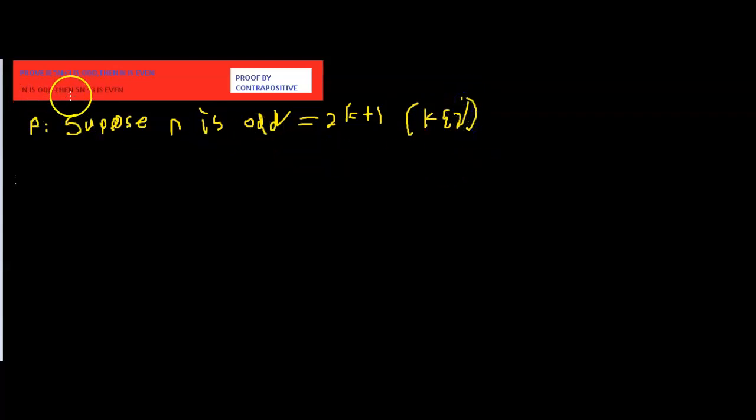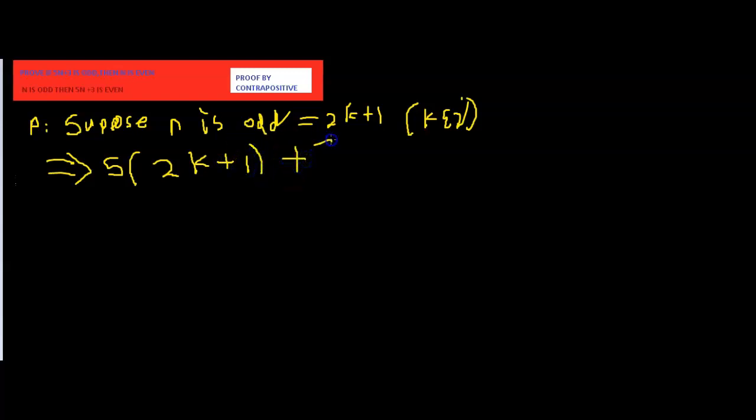Now, n is odd, then 5n plus 3 is even. So basically you have to replace n with 2k plus 1. So this implies 5 times n, and in this case we made n 2k plus 1. So 5 times 2k plus 1, and then plus 3.